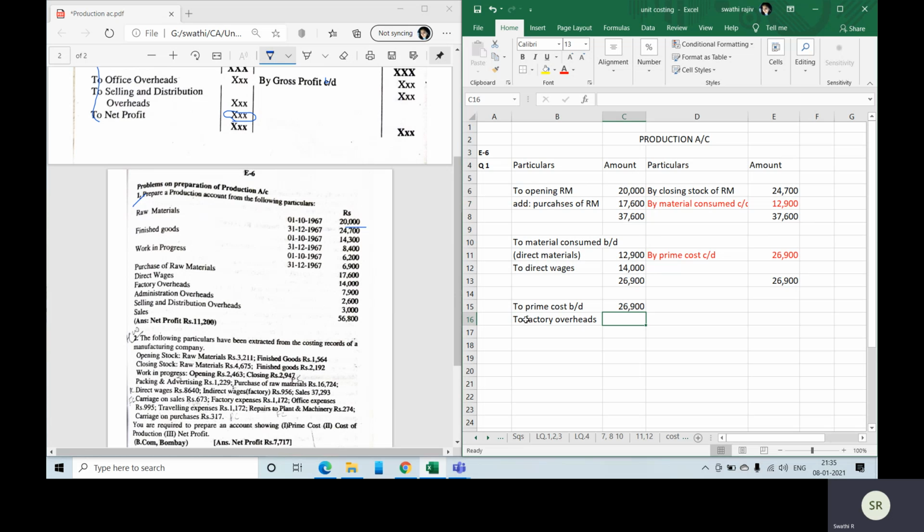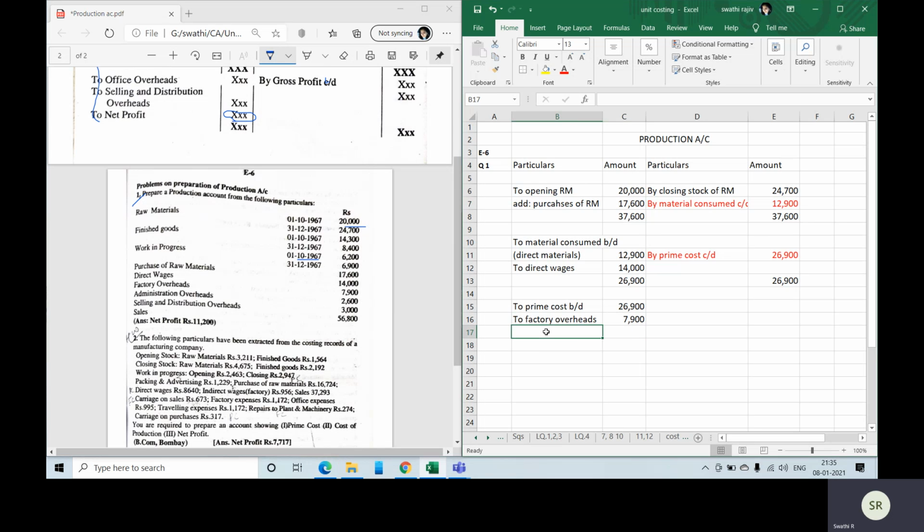Factory overheads is 7,900. Guys, from here, prime cost plus factory overheads will actually give you cost of production according to cost sheet. But if you have WIP, after finding that, that will be your gross works cost, right? And along with that, you will add opening WIP and you will deduct closing WIP.